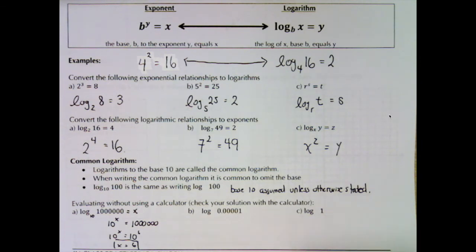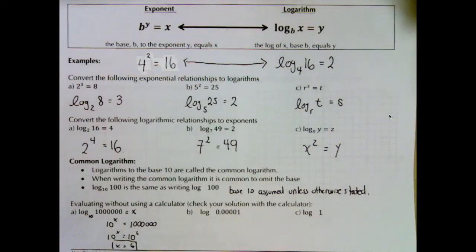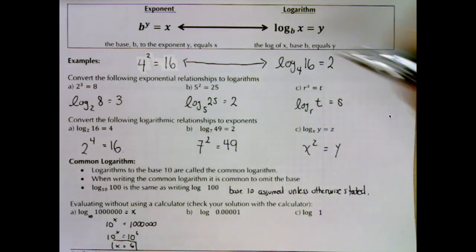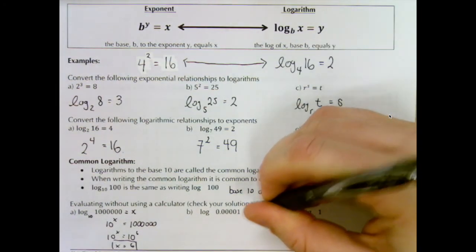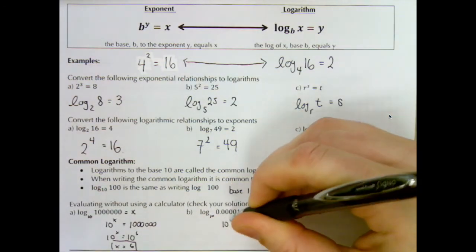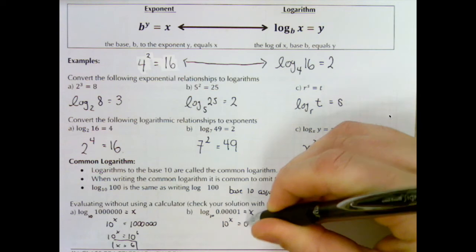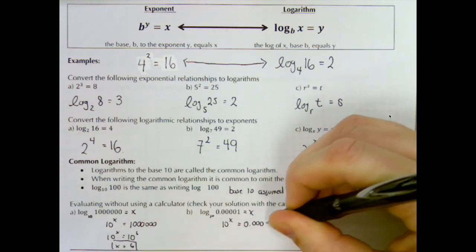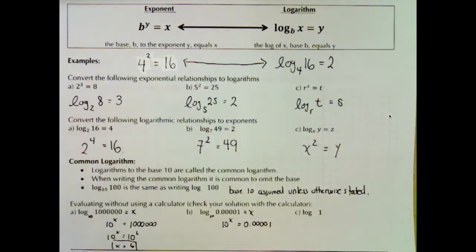You can do similar for B and C. So I'll do B. If we set this equal to x and rewrite it as a power, the base of the log is 10, so it's 10 to the exponent x equals 0.00001.